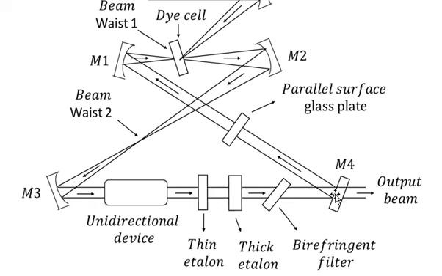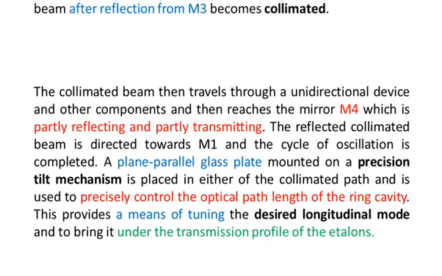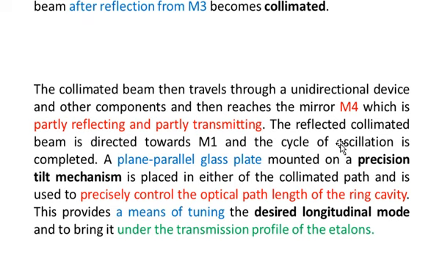The mirror M4 then reflects a part of the beam towards the mirror M1. So you see that this will complete one pass of the beam through this folded ring resonator. The reflected collimated beam is then directed towards M1 from mirror M4, and the cycle of oscillation is completed.